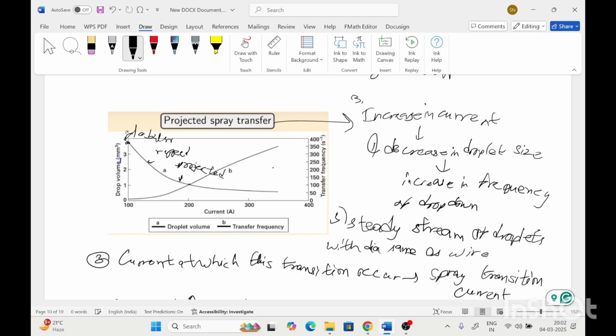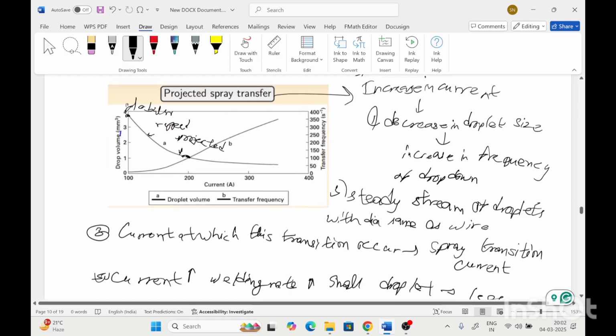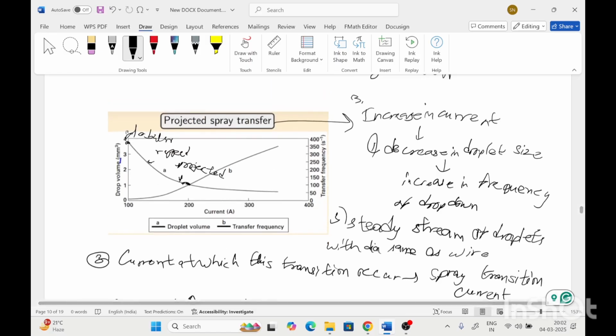So this current is known as the spray transition current. Graph A is for the droplet volume and B is for transfer frequency. With increasing current, the transfer frequency will increase. At this point of frequency and current, this is known as the spray transition current, SPT.